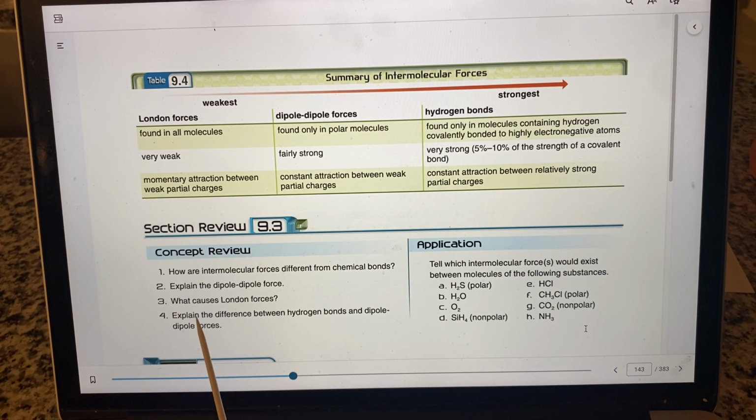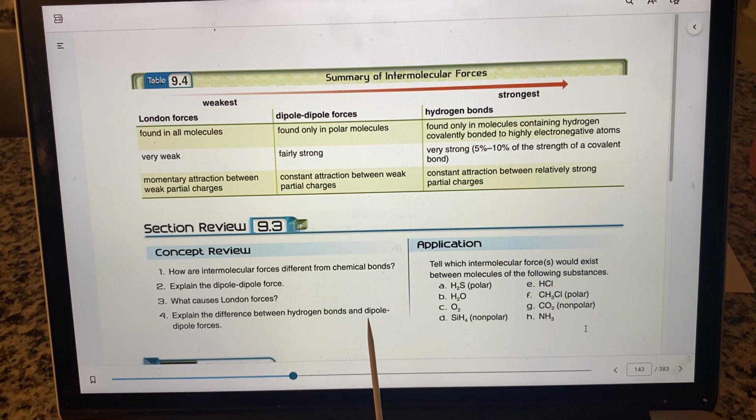What causes London forces? London forces result from an instant change in the electron cloud. This gives us a very weak, but still significant in large numbers, force holding molecules together between positive and negative. London forces are in every single molecule.